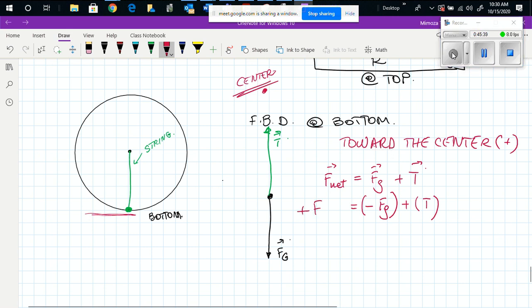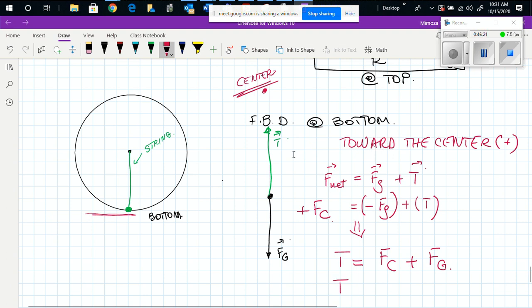It is positive, since the object is moving in a circle. Therefore, the condition to have a uniform circular motion is satisfied, meaning that you have a positive centripetal force toward the center. So now from here, let's find tension as centripetal force plus force of gravity.